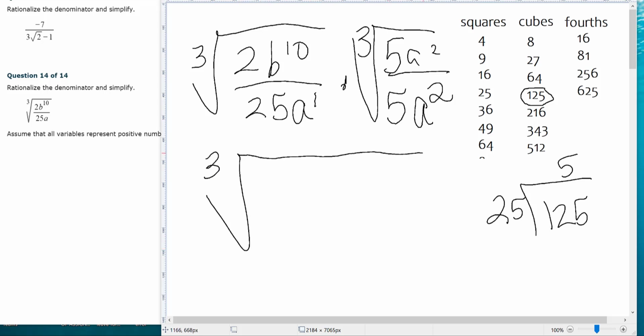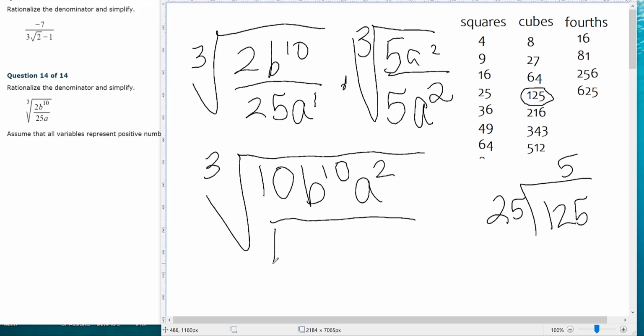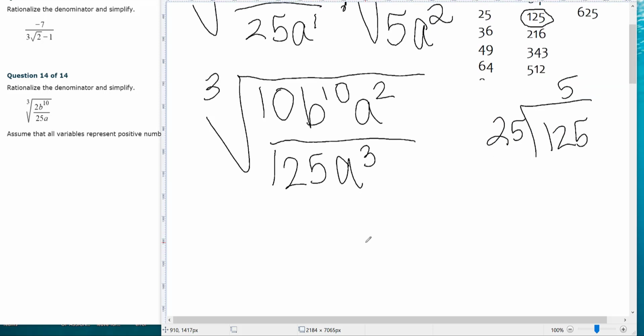That's going to give me 10b to the 10th a squared, because 5 times 2 gives me the 10, and then b to the 10th and a squared. But look at my denominator, 125 a to the third. Now I can separate these.